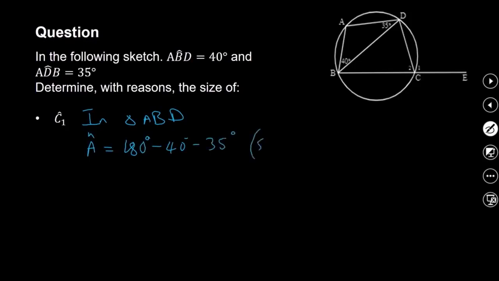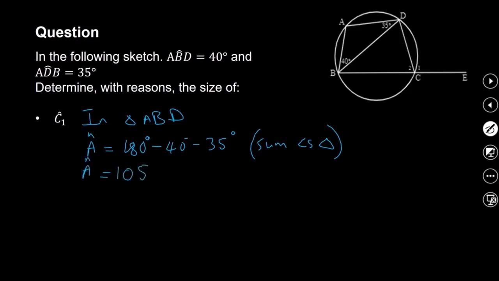And this will be because of sum of angles in a triangle, right? Sum of angles in a triangle will be equal to 180. So that's why I'm subtracting there. So 180 minus 40 will be 140 minus 35 will actually be 105. And that's my angle A.